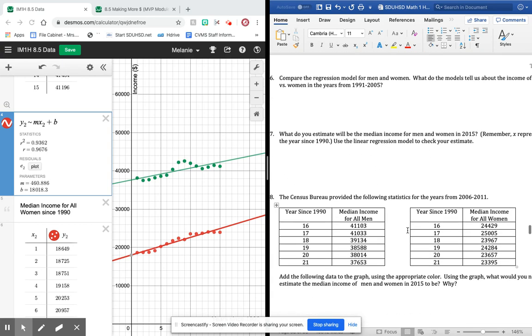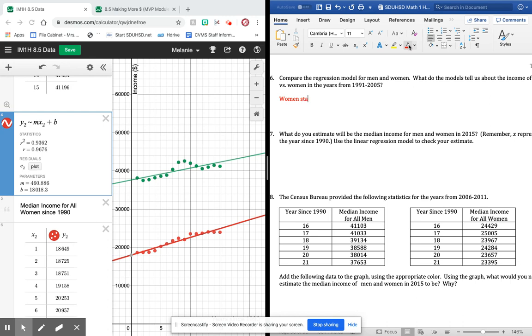Okay, so compare the regression models for men and women. What do the models tell us about the income of men versus women in the years from 1991 to 2005? So you're just trying to compare them.